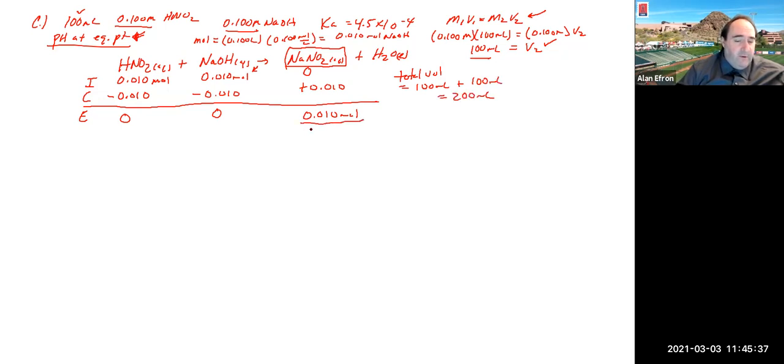And that is obviously critical here to getting the correct molarity at this point by dividing by 0.2. So 0.01 divided by 0.2 gets us 0.05 molar. Any questions on that ice table, where any numbers came from or anything like that?